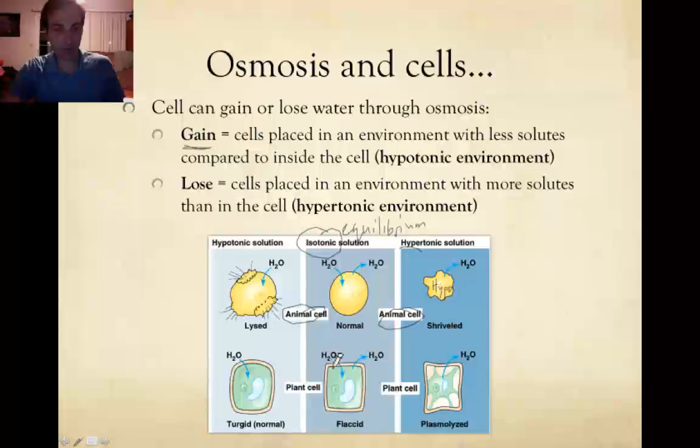Okay, plants have a cell wall which prevents them from popping. So what plants want to do, they actually want a hypotonic environment, because hypotonic environments are going to drive water into the cell, right? Because the outside is hypo, the inside is hyper, water moves into the cell.